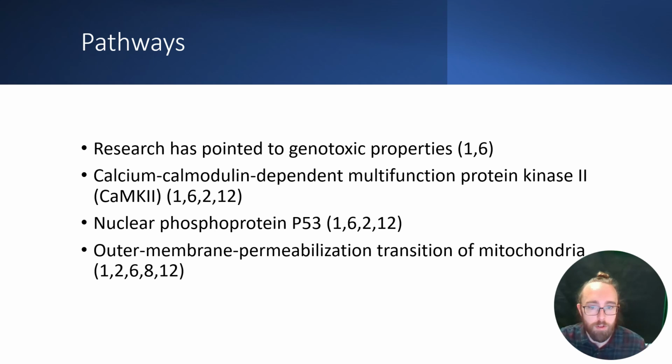Calcium calmodulin-dependent multifunctional protein kinase 2 and the nuclear phosphoprotein p53 can both be activated, and there are potential routes for apoptosis through the involvement of outer membrane permeabilization and transition of the mitochondria.